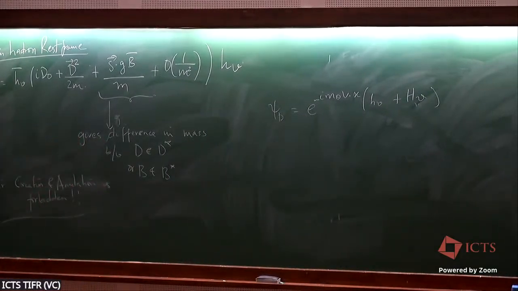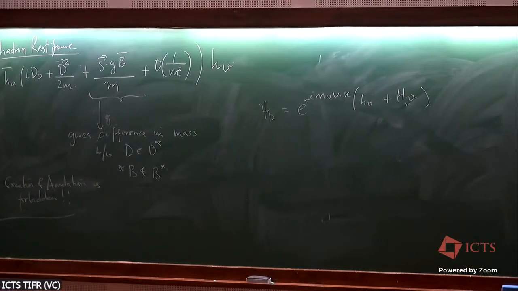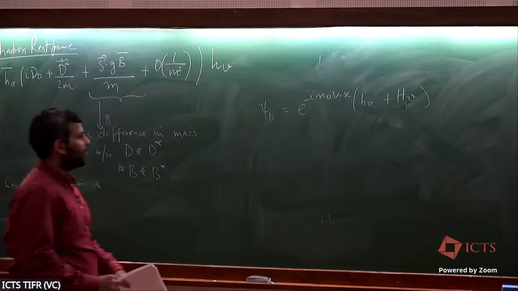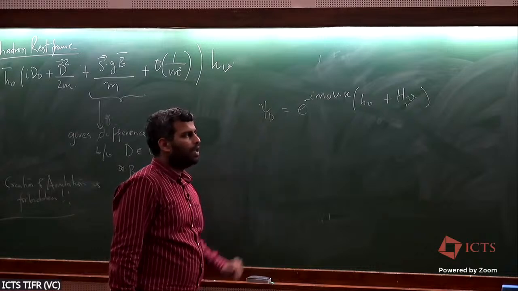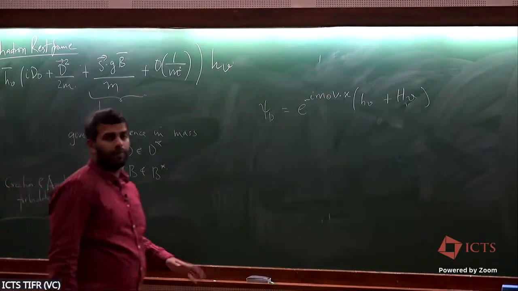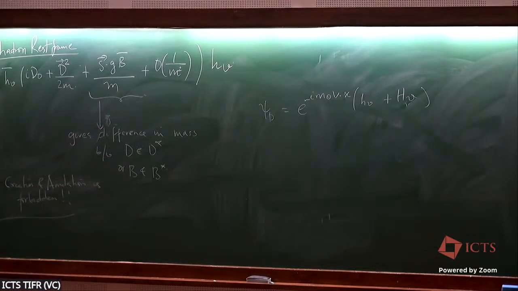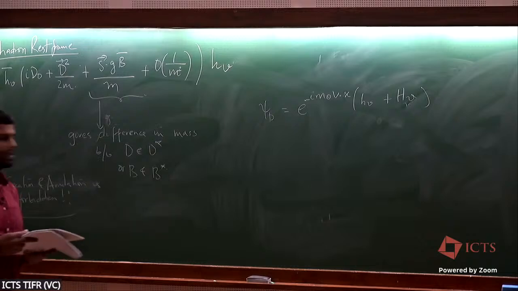There could be more complicated field redefinitions that include higher order 1 by m corrections. But this only accounts for the simplest case, and loop calculations can modify these field redefinitions. For that, we will resort to a matching calculation that we will do in tutorial next week.